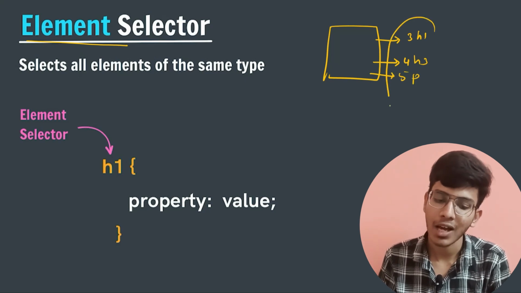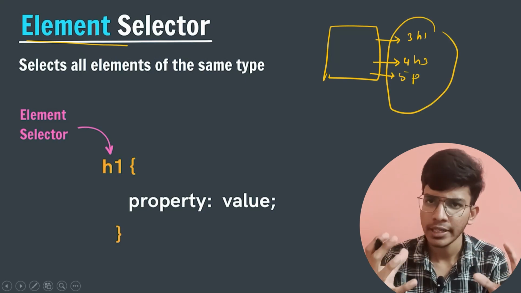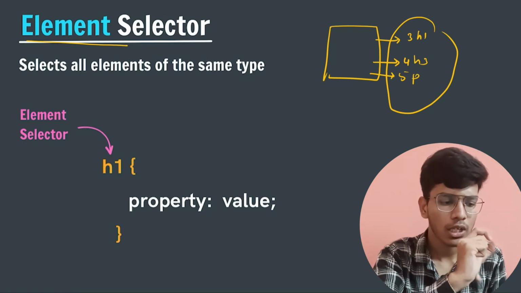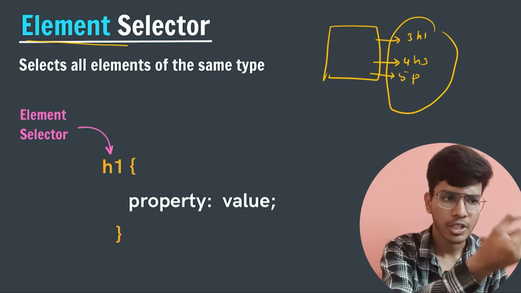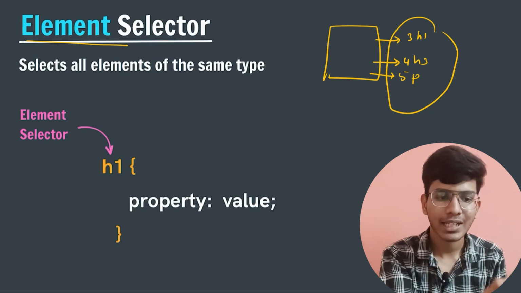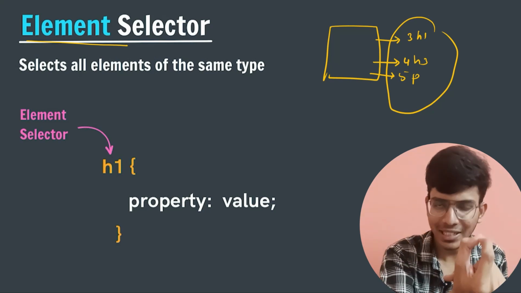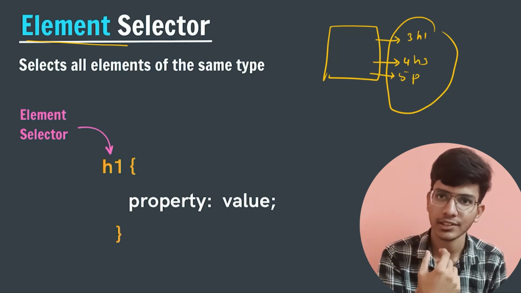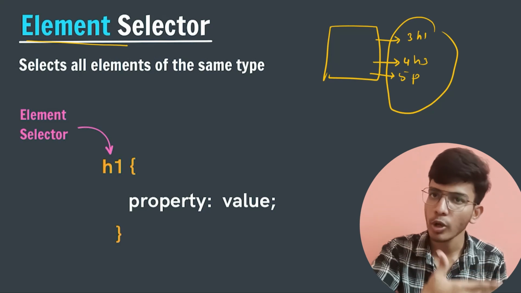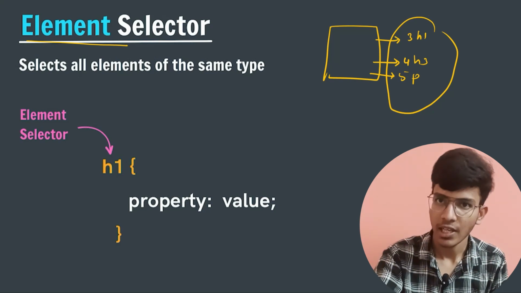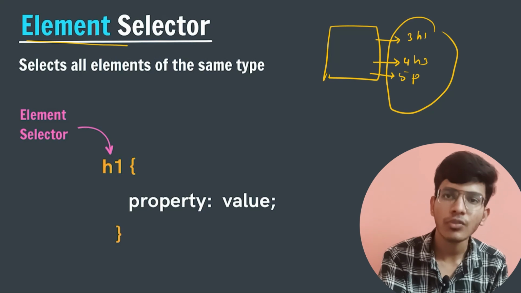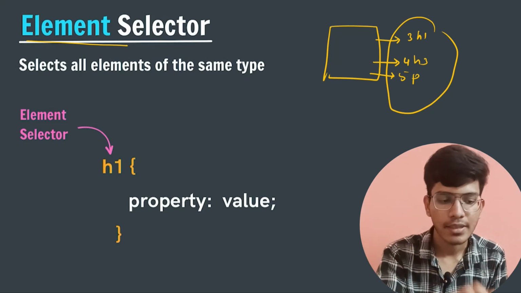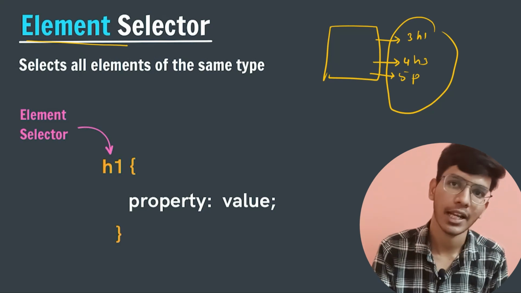My goal here is, whatever the paragraph tags I am using, irrespective of how many there are, let's say I'm using 100 paragraph tags, 200 paragraph tags, irrespective of the number, if I want to give a uniform style to a particular element, then I will use element selector.